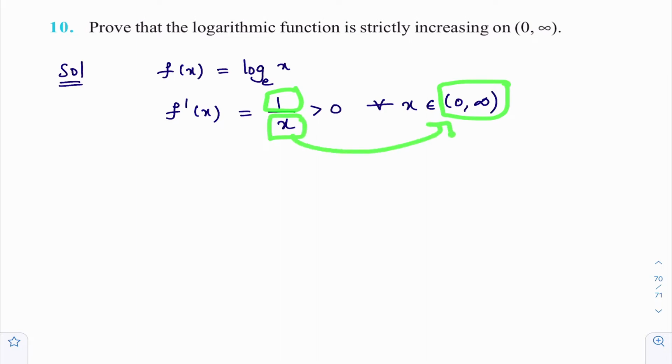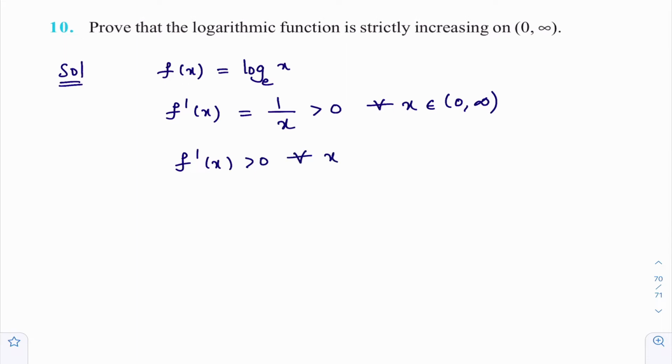Numerator is positive, denominator is also positive. Obviously f dash of x is greater than 0. f dash of x is greater than 0 for all x belongs to open interval 0, infinity. I can say that logarithmic function f of x is strictly increasing on open interval 0, infinity.